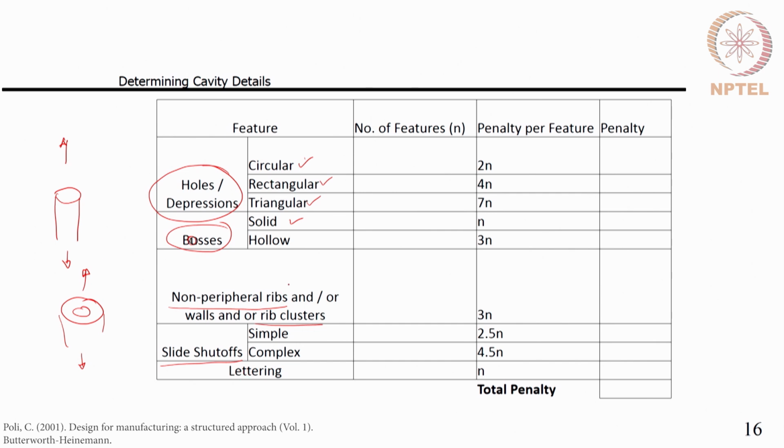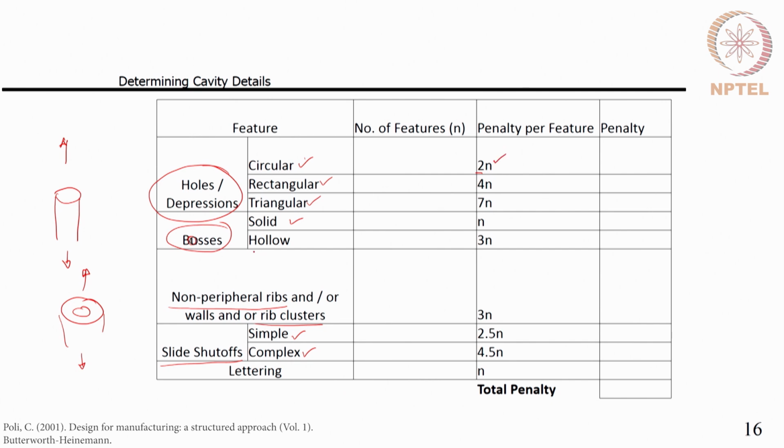The ribs are the stiffeners, depending upon their numbers and whether they are simple or complex. The penalty associated with the feature changes. So, we note down the number n of such features, and the penalty is computed based on these numbers. If I have a circular hole, then the penalty is 2 times the number of such features.